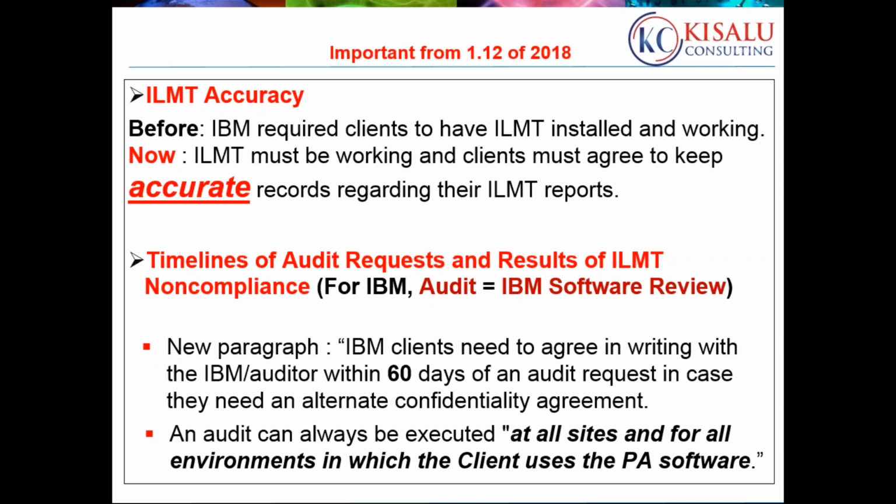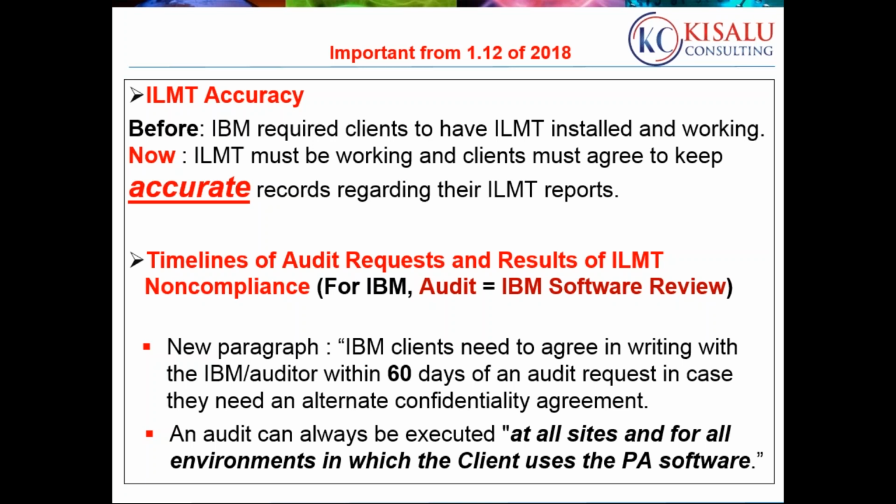So there is a new paragraph which says that IBM clients need to agree in writing that whenever IBM or the IBM auditor requests an audit, it will be started within 60 days. That is to cater for any need for alternative confidentiality agreements, or any documentation that people will need to sign.